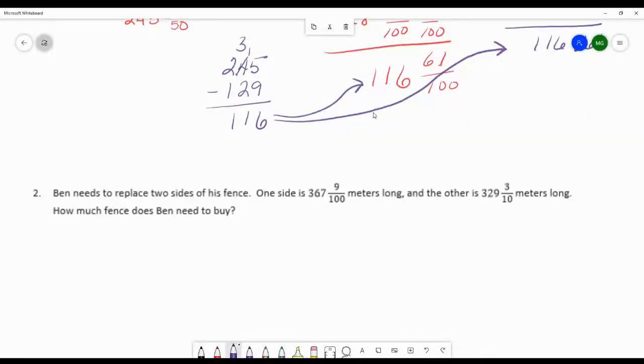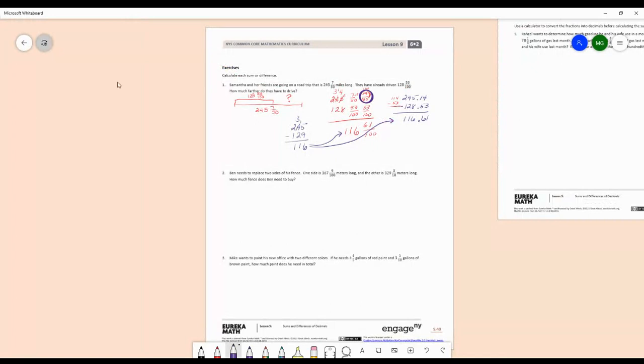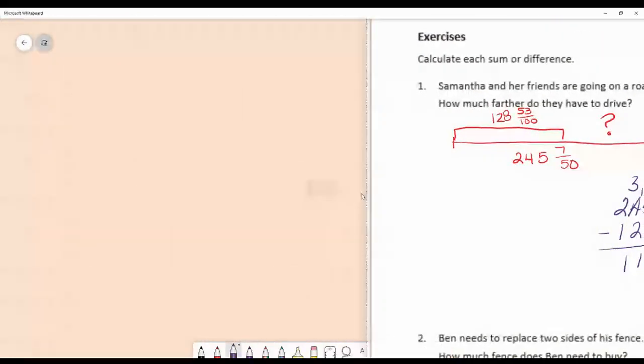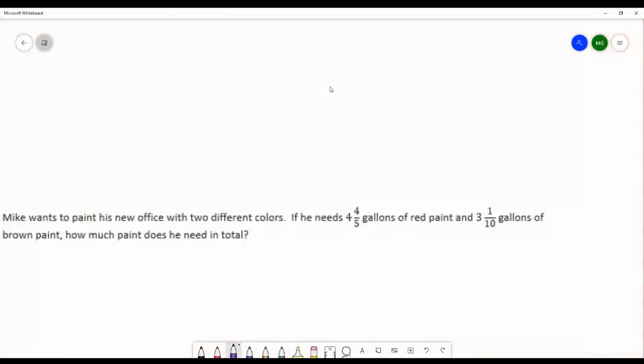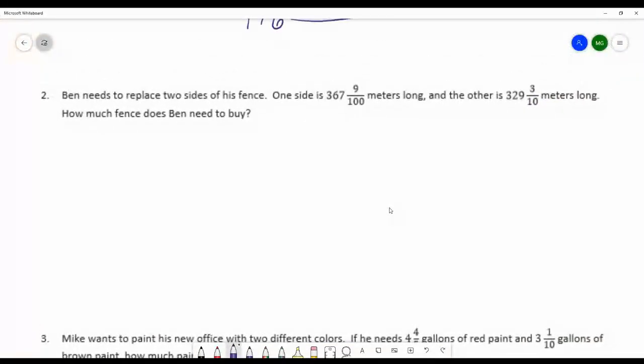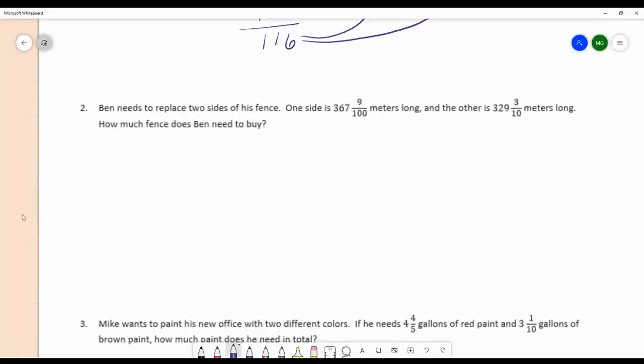Well, let's estimate first, okay? So let's look at 367 and 9/100. Is 9 close to halfway? No. So we're going to ignore that part of that fraction. So we're going to ignore that little fraction, and this is going to be just 367.